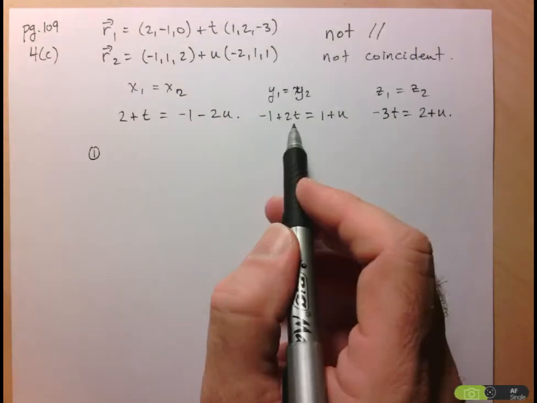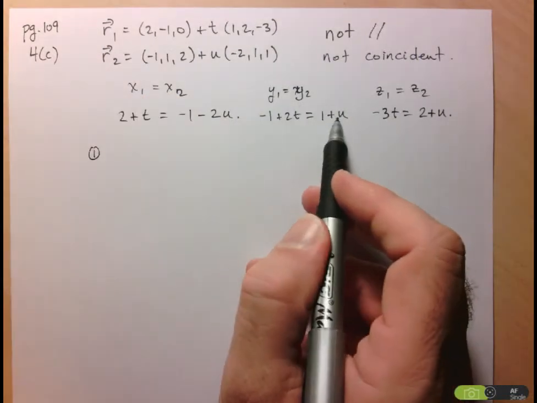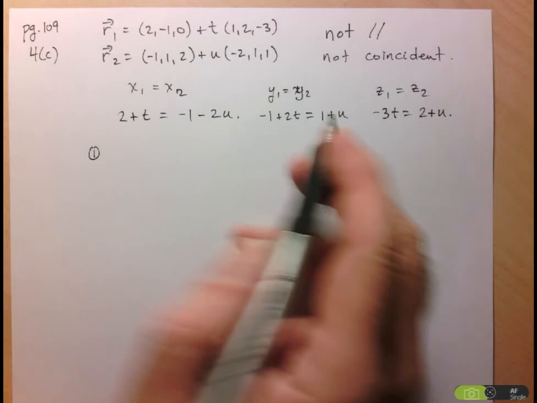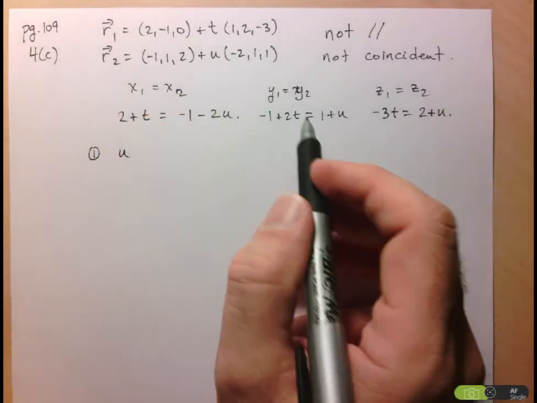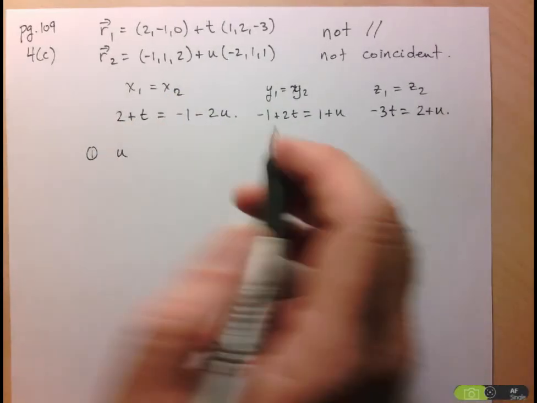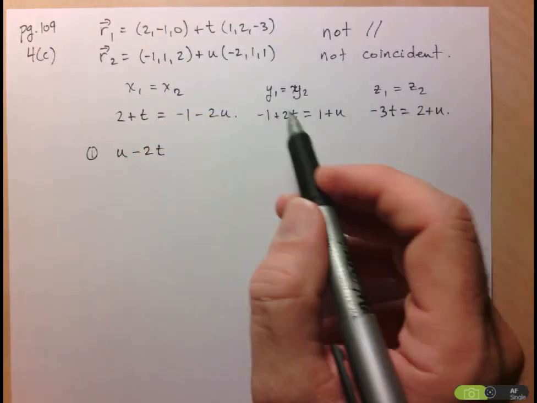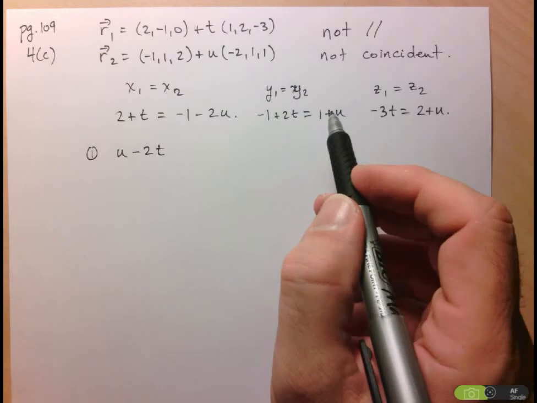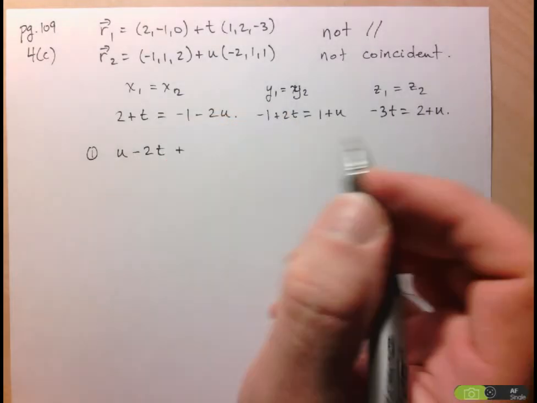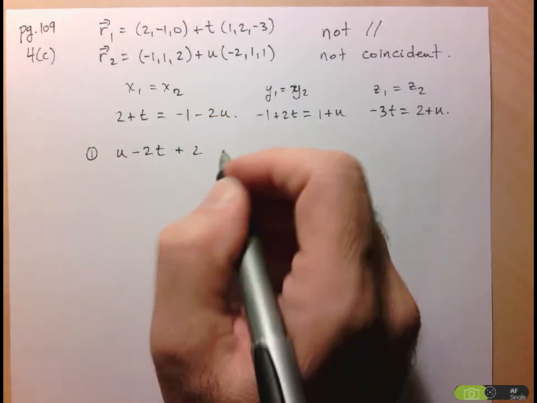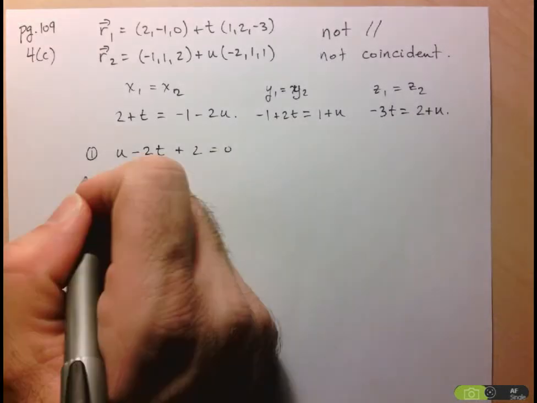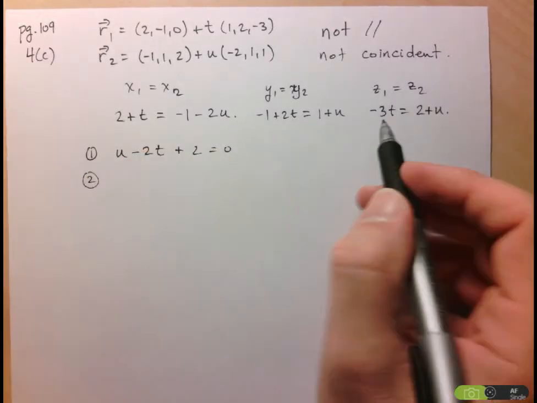I'll take this equation and bring everything to the side of u. We have u, then this 2t will become minus 2t, and this negative 1 comes to the other side, becomes plus 1. So plus 2 is equal to 0. And then the second equation, I'll take this one here.